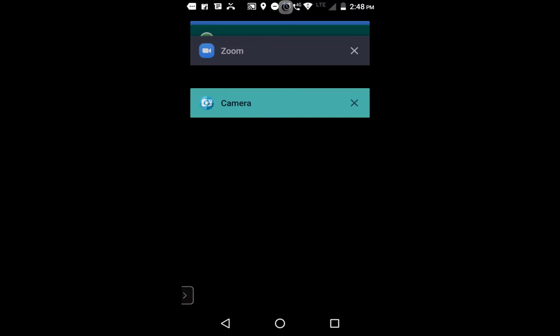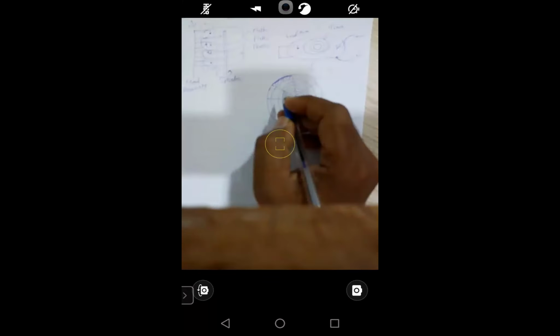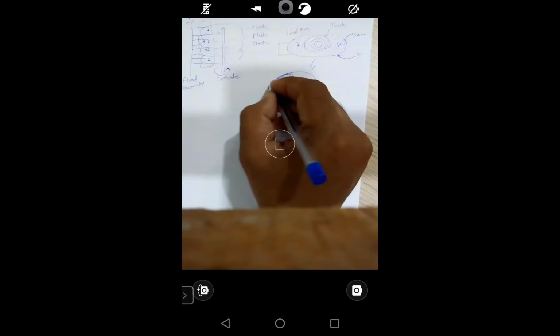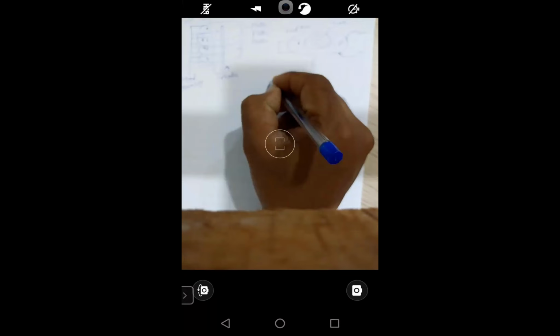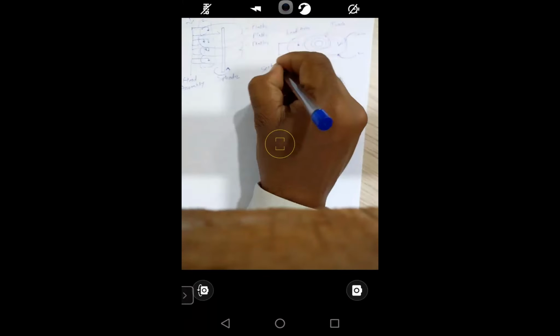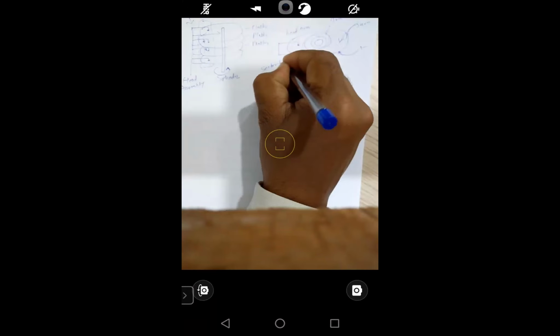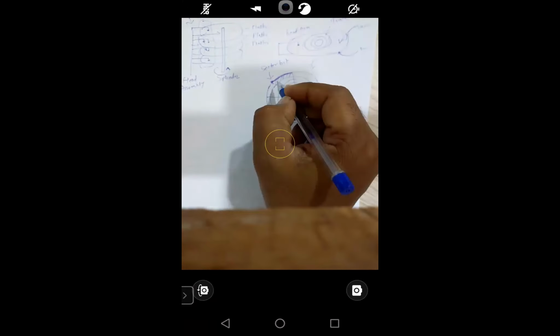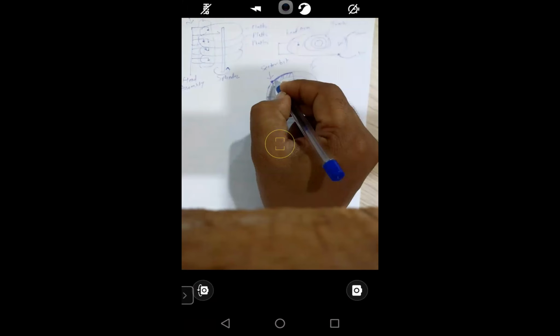At the same time, we have to identify the sector, when the sector started and when the sector finished. So at the end of every sector, there is one sector bit. By this sector bit, we can easily identify when it started and when it finished.